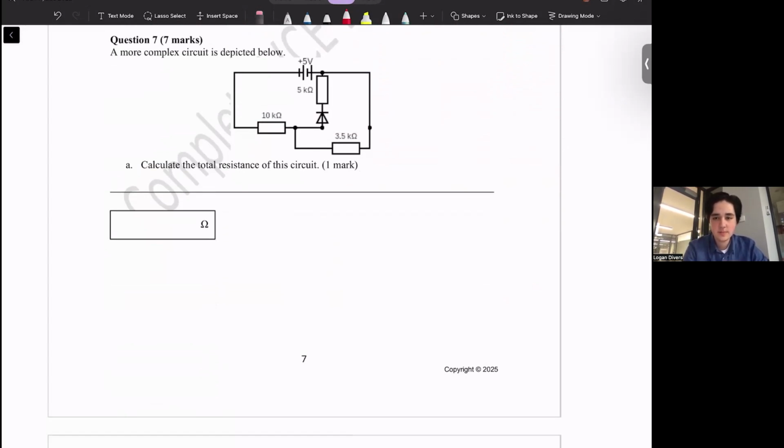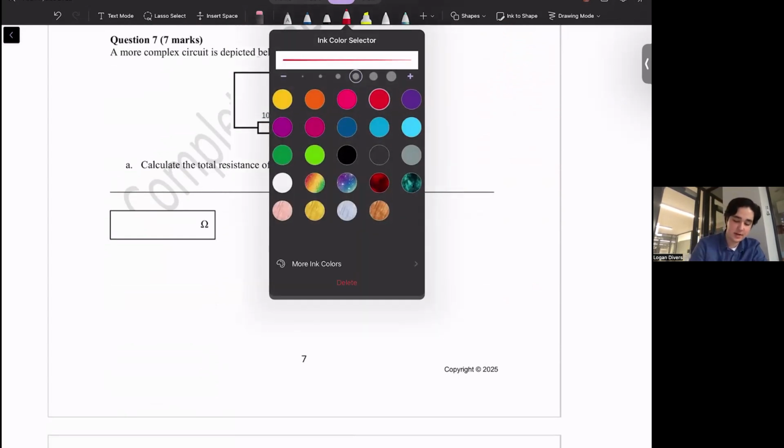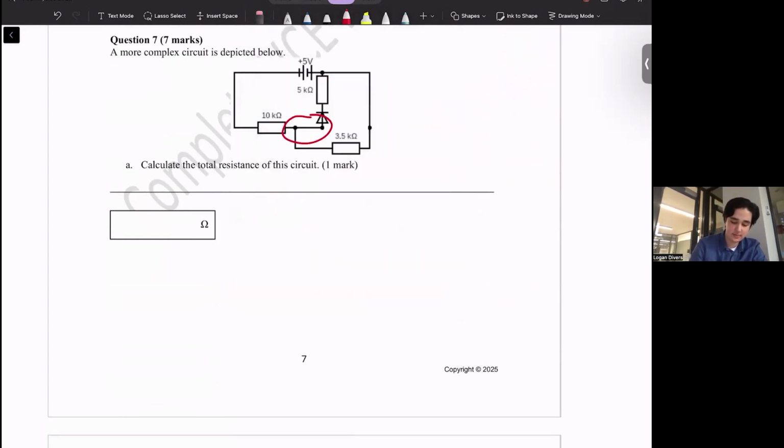So we have a far more complicated circuit here, or maybe at first glance. So this circuit here, we need to calculate the total resistance of it. And one thing to recognize here is that this whole jumble of wires here, it's really just meant to throw you off, because the way this bottom section of the circuit actually works is simply just having a resistor there, another resistor here.